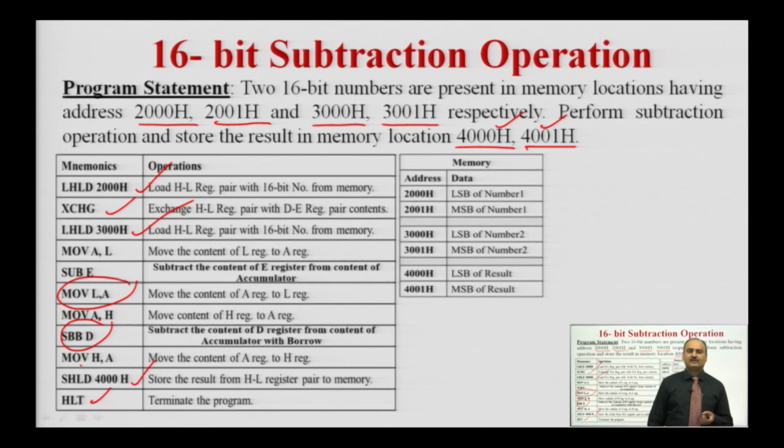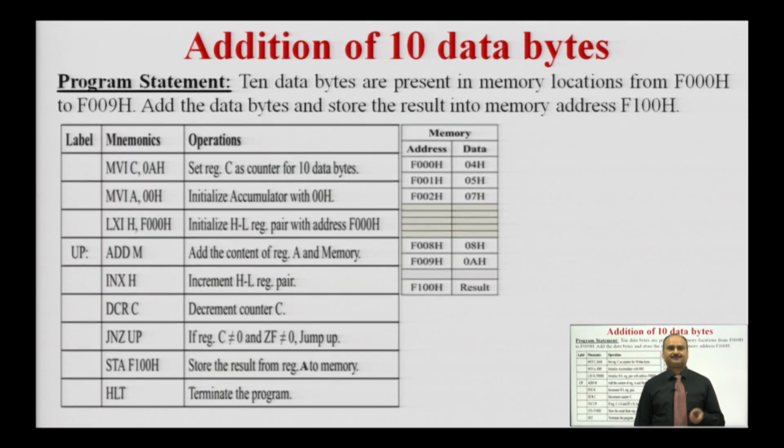So this is the program which is used to perform 16-bit subtraction operation. The two 16-bit numbers are present in memory locations 2000H, 2001H, 3000H, 3001H, and we place the result into memory locations 4000H and 4001H.